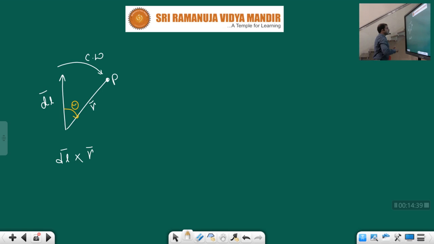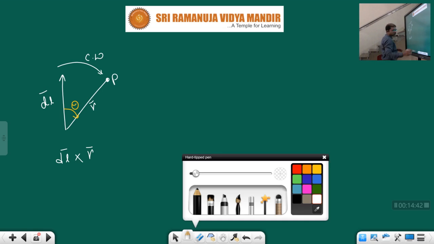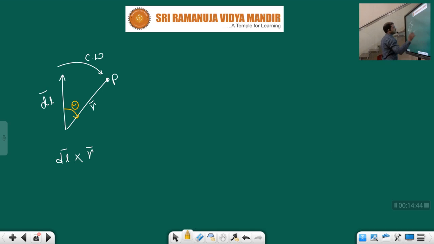Whenever I am rotating in clockwise direction, how will that magnetic field be induced, children? Inwards only, no. Very, very simple topic. When you are rotating like this, dl to r, clockwise direction, then the magnetic field will be inwards. Okay children, inwards.